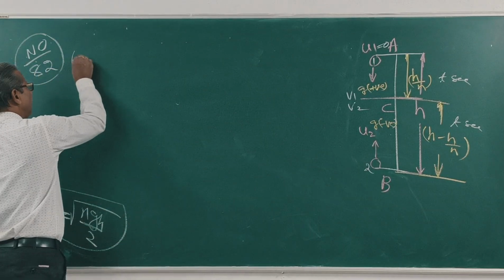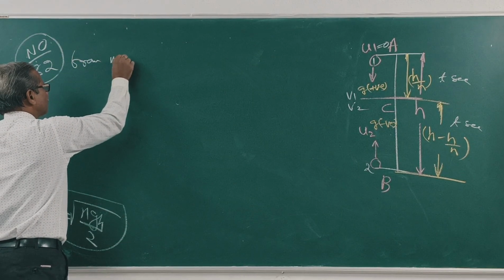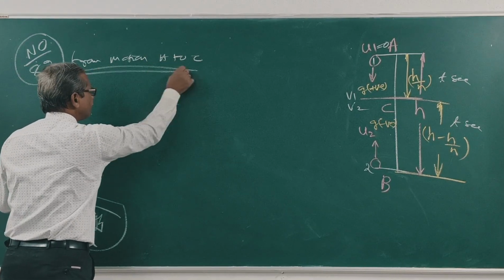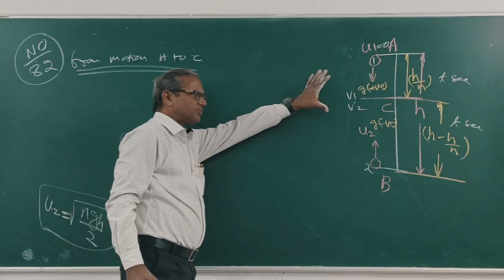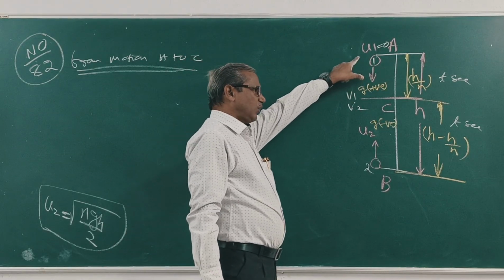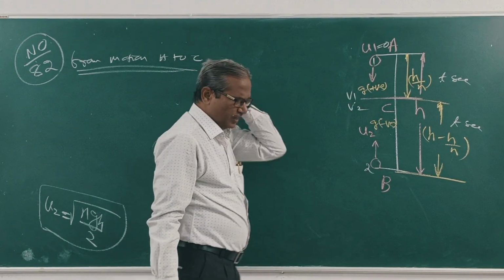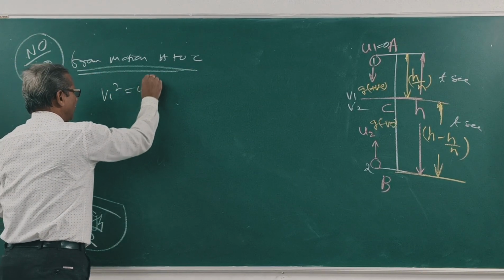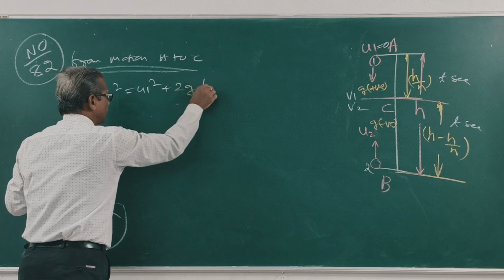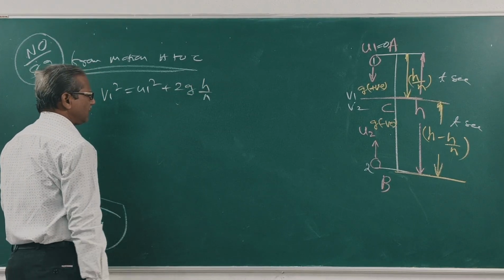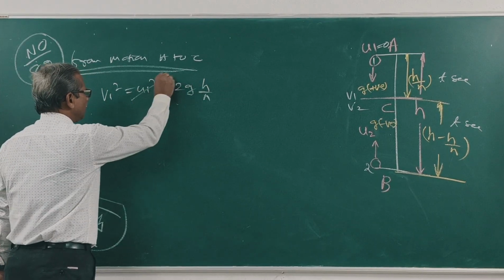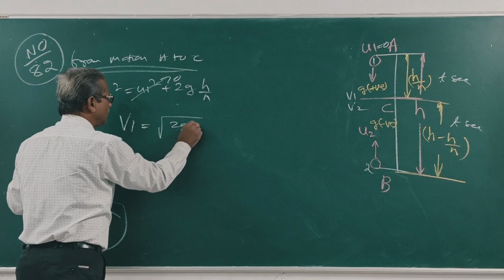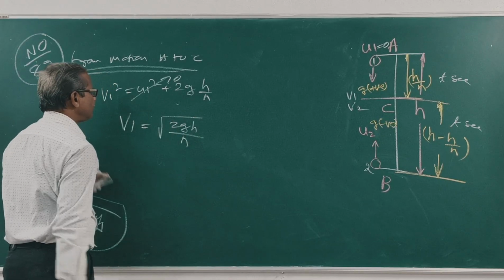From motion A to C, this is v1, u1 is 0, g positive. Clear? What is v1 square equal to? u1 square plus 2g into h by n. u1 is 0, so v1 is equal to root over 2gh by n.